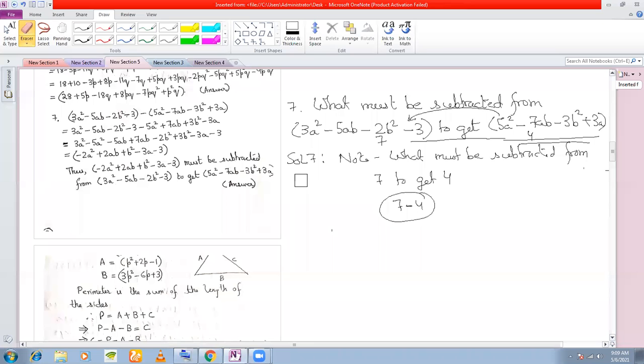If you consider the first expression as 7 and the second expression as 4, then what needs to be subtracted from the first expression to get the second expression? You simply need to subtract the second expression, that is 4, from the first expression, which is 7. 7 minus 4, isn't it? So that is what we do.